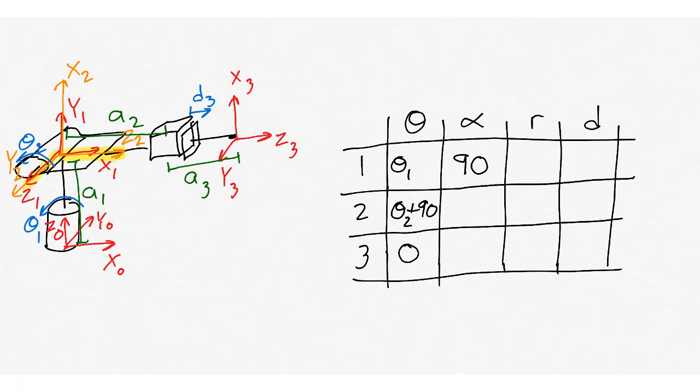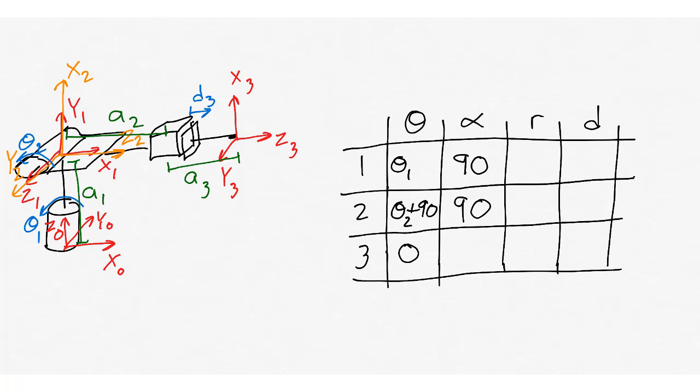The x-axis is pointing up, so rotating around the x2 axis in the positive direction would be like this. In order to get z1 to be pointing to the right like z2 is, we would have to rotate frame 1 90 degrees around x2. So alpha in the second row is 90 degrees.